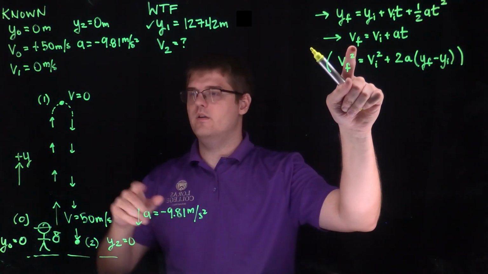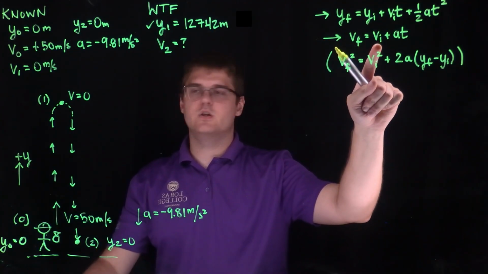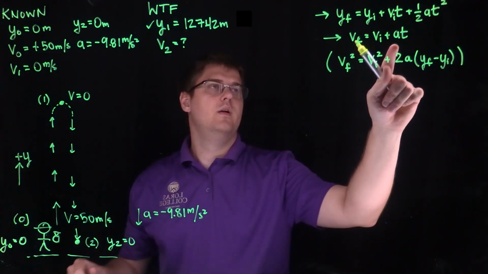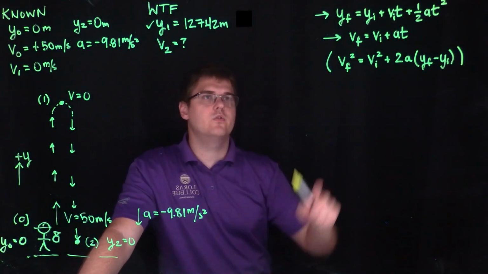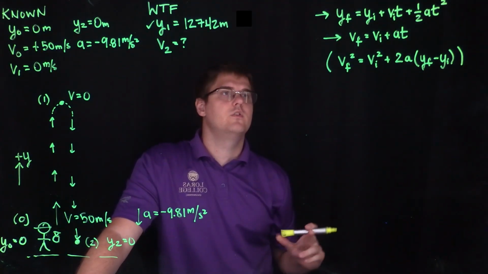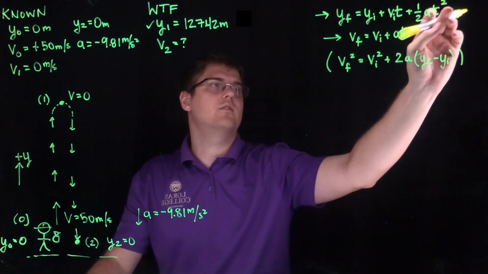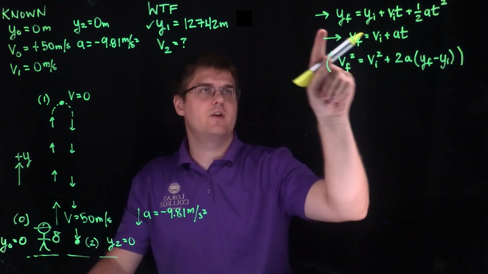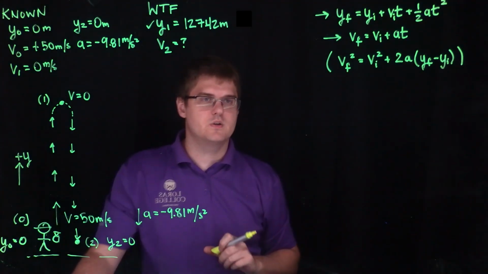My velocity final is what I'm trying to solve for. My velocity initial, I know is 0. Plus acceleration, I know, and time, I don't know. So there are 2 unknowns in this. So what I can do is solve this top one for time, and then plug that time in here in order to solve it.